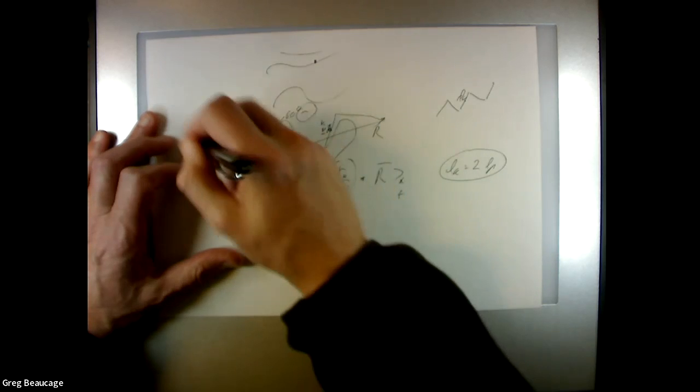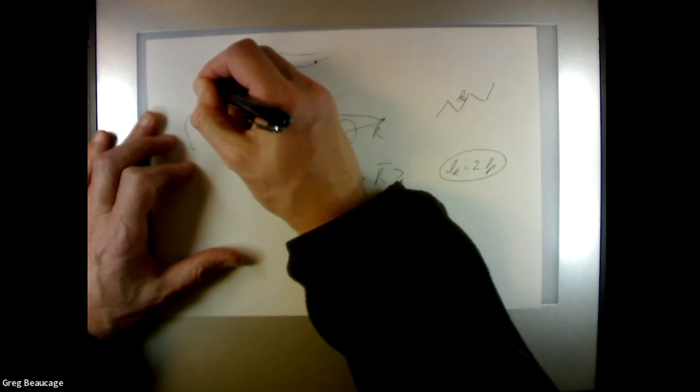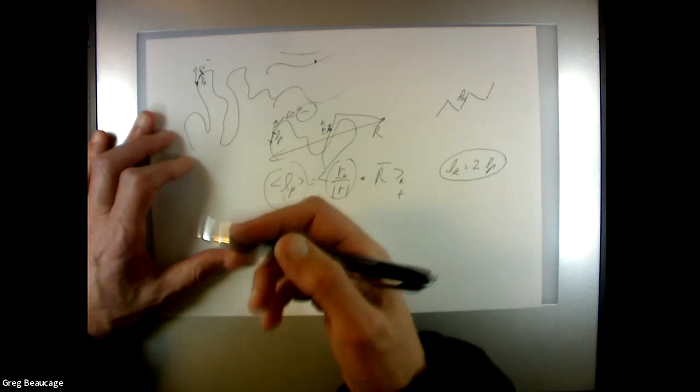Your chain's going to be a squiggly line. I take this point, and how far do I have to go until it's gone 60 degrees from my start point? That distance is L_P. It's not exactly that, but that's kind of what it is.